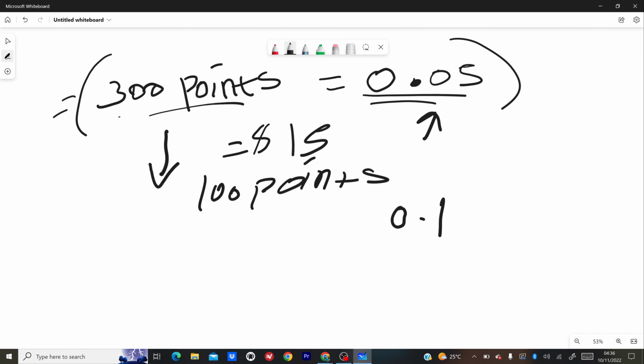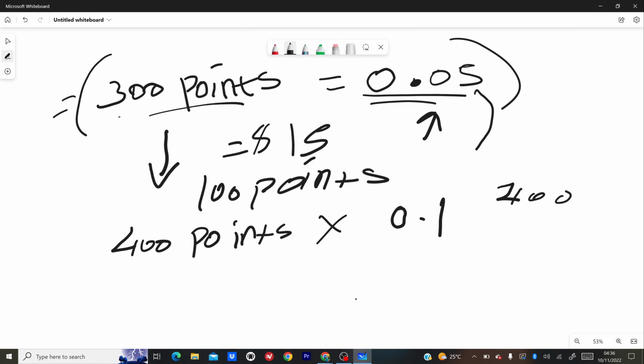So instead of 300, this will be reaching 400 points, and we have used a lot size of 0.1. So this will be 400 points with a lot size of 0.1, so the profit over here will be $40, and the profit over here will be $15.